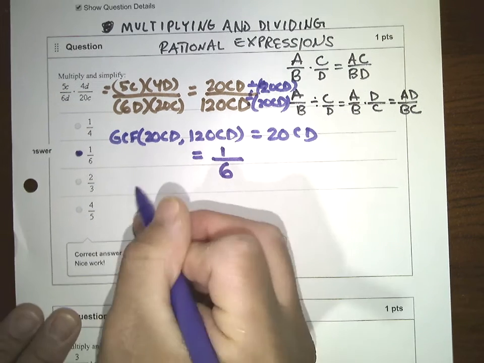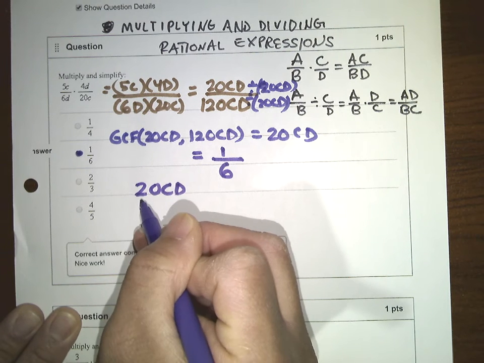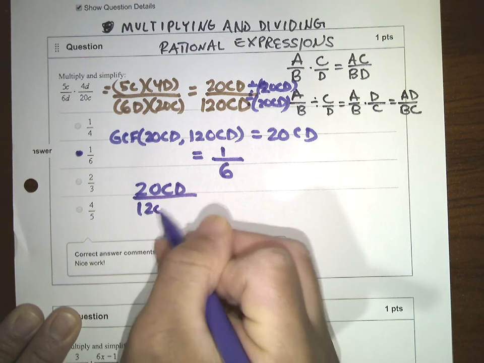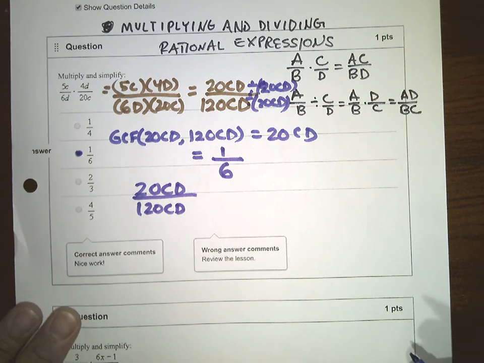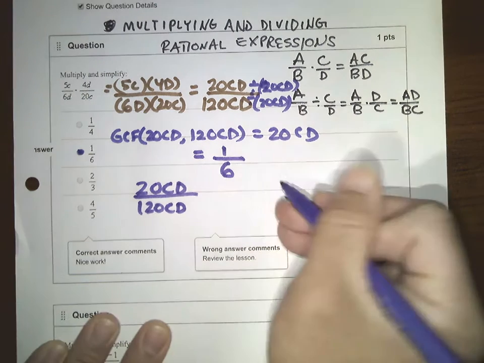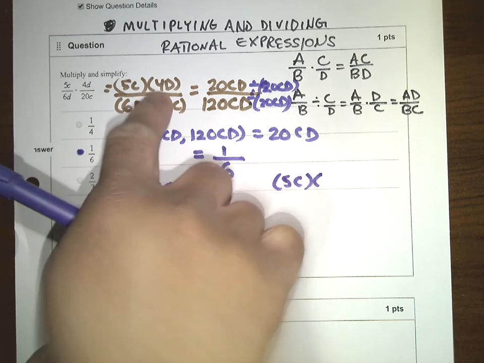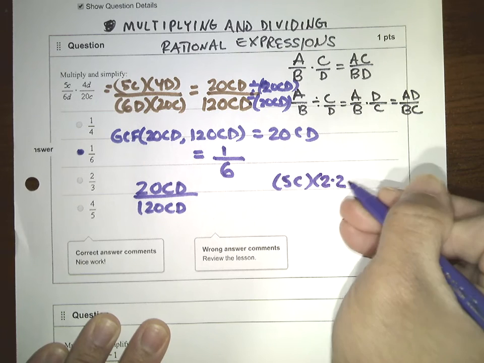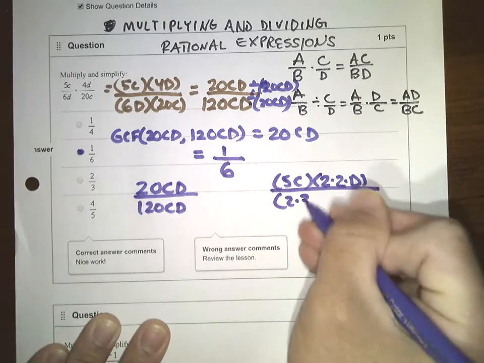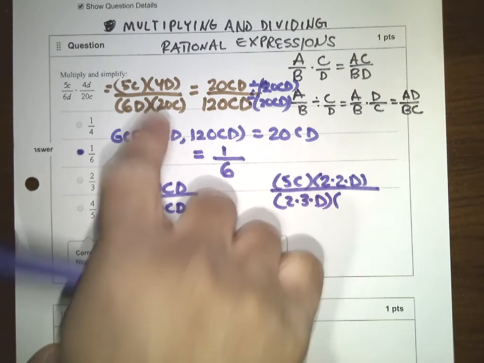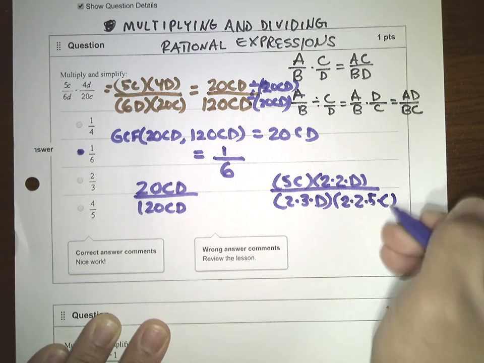Or, again, I know that you've seen this before, but I want to be clear on this. If instead of rewriting this as 20cd over 120cd, you could have 5c times, and then factor 4d into 2 times 2 times d, and then 6d into 2 times 3 times d, and then 20c into 2 times 2 times 5 times c.